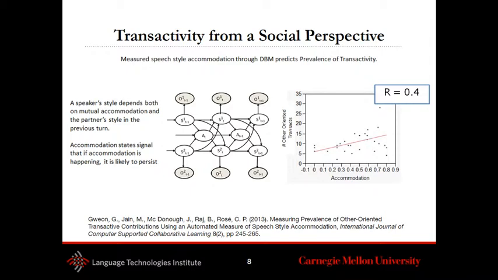So in this particular study, the investigation was speech-style accommodation. Speech-style accommodation is associated in the sociolinguistic literature with mutual respect and common ground building.